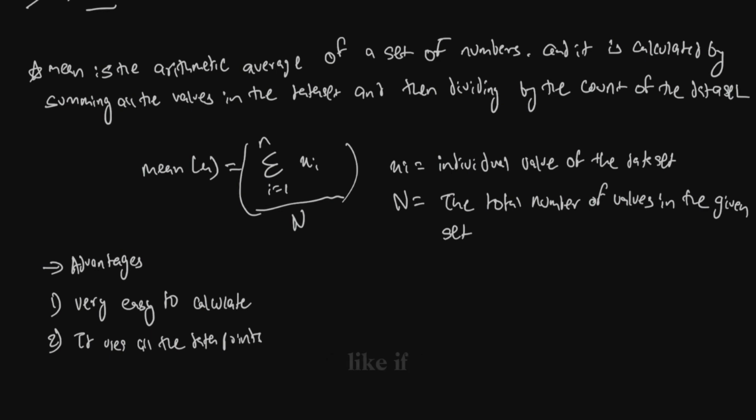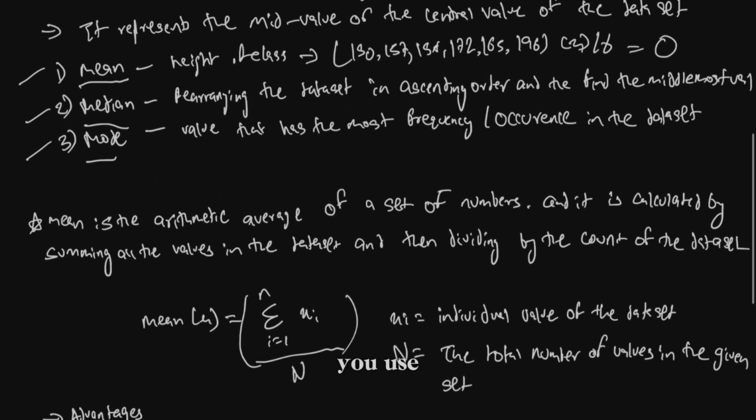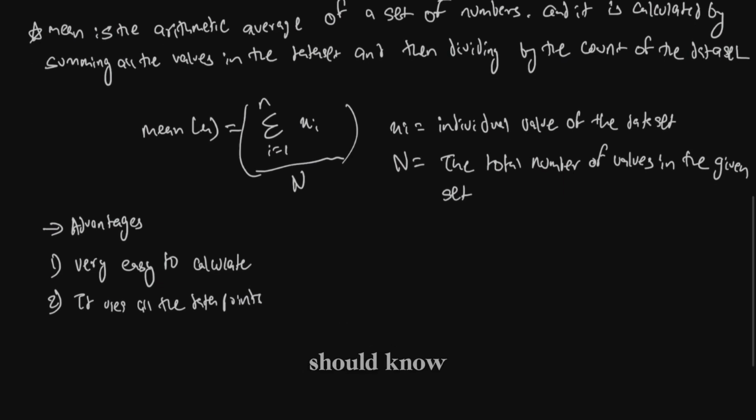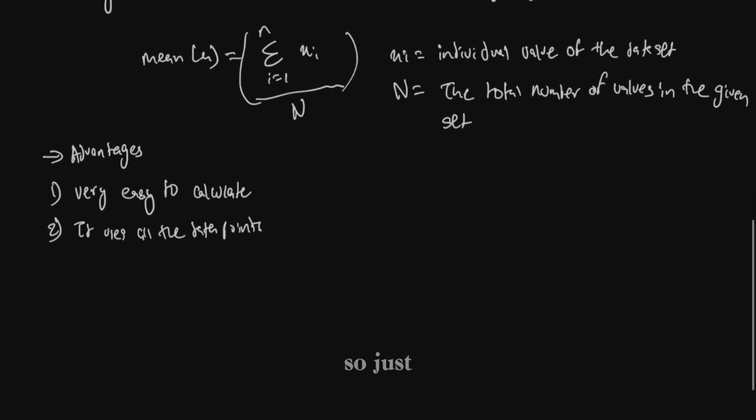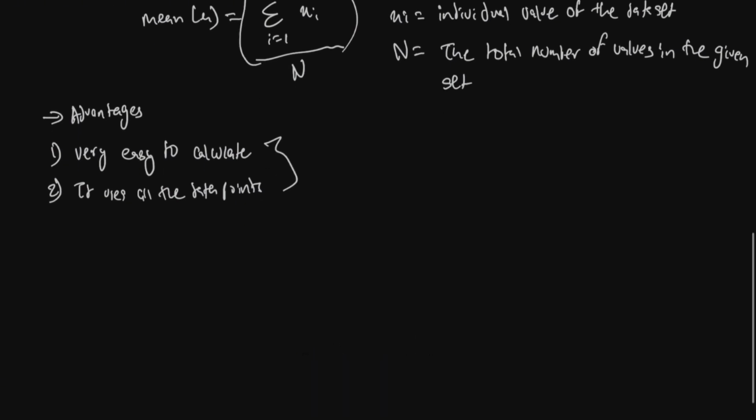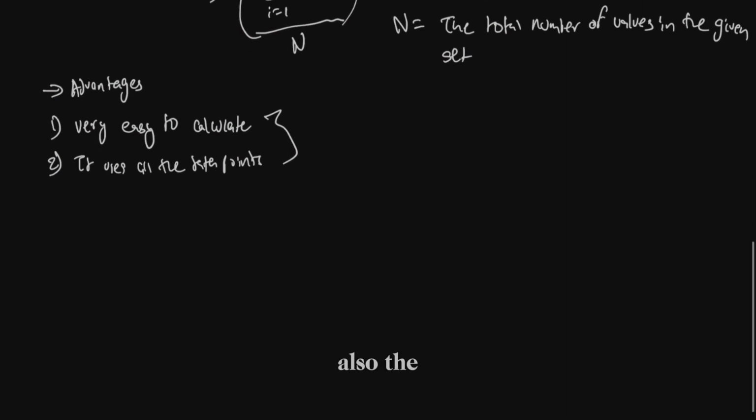If someone asks why you used np.mean in your code, you should know that np.mean is calculating the average of all the points, and why you're using the mean and not other measures of central tendency. So we need to keep clear about the advantages. Also the disadvantages.